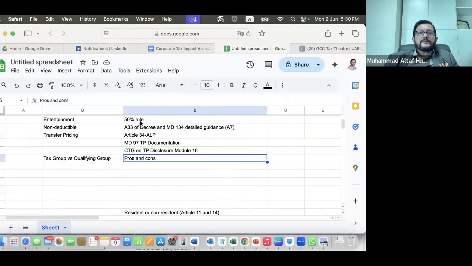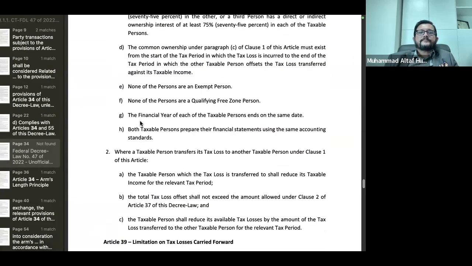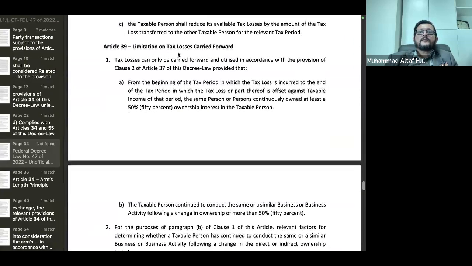So Article 38 is also covered, right? Article 38 for qualifying group relief. What was the tax group article? Article 40. And 39 is what?